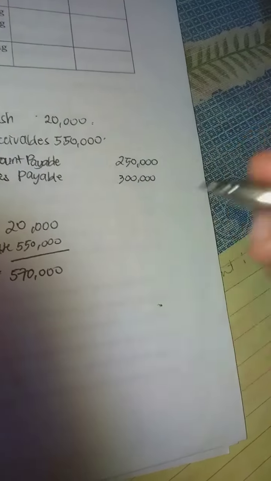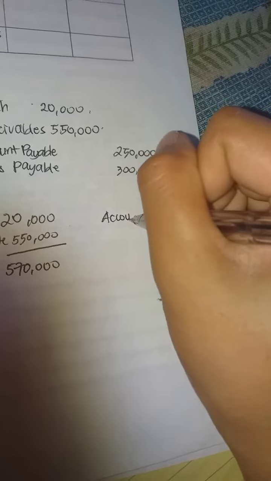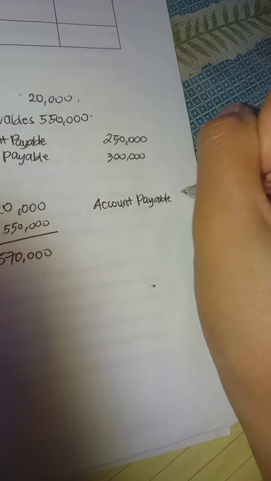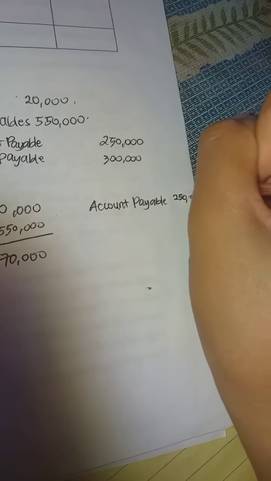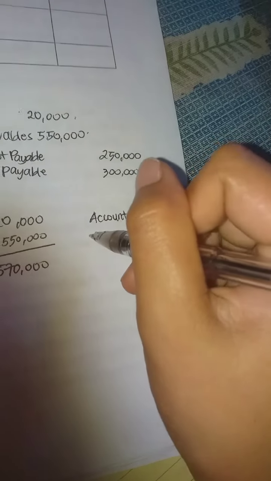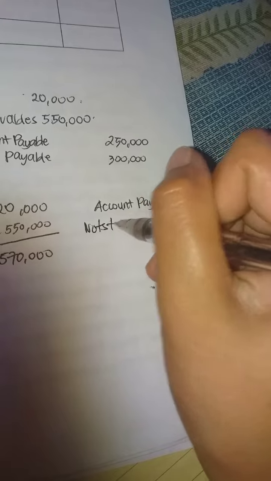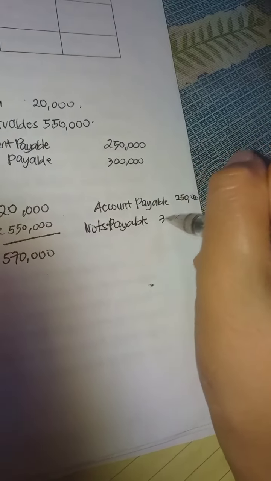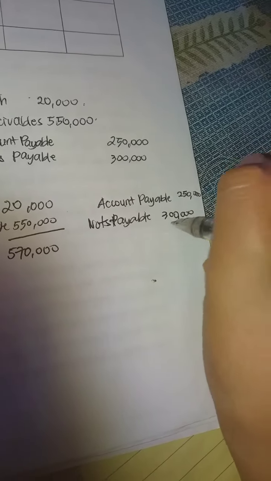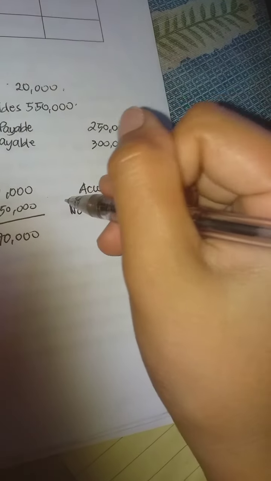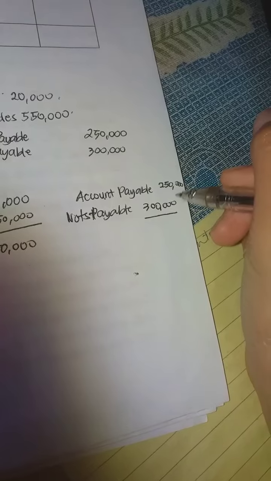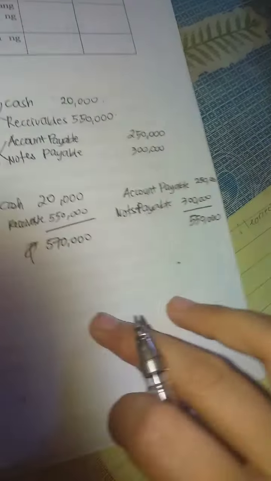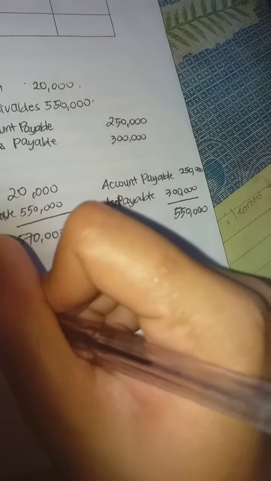For current liabilities, accounts payable 250,000, notes payable 300,000, add, 550,000.